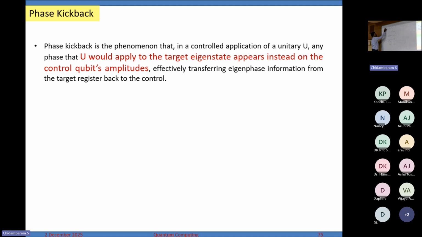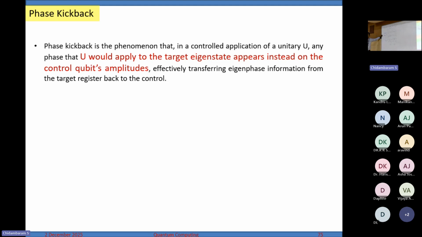Imagine I have two qubits. The first one is plus, the positive X basis state, and the other one is ket 1. My control is plus and the target is the second one, ket 1. What is plus?